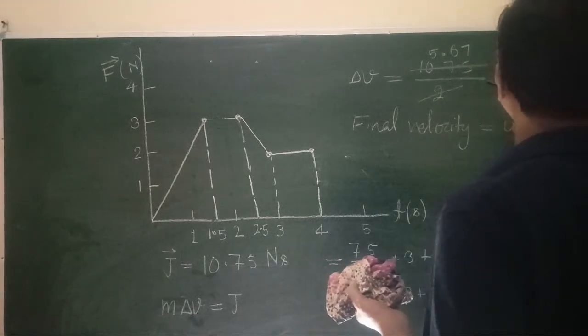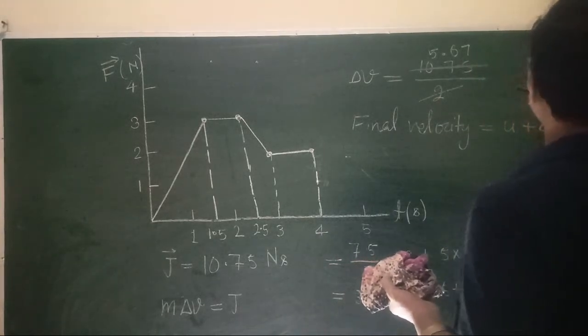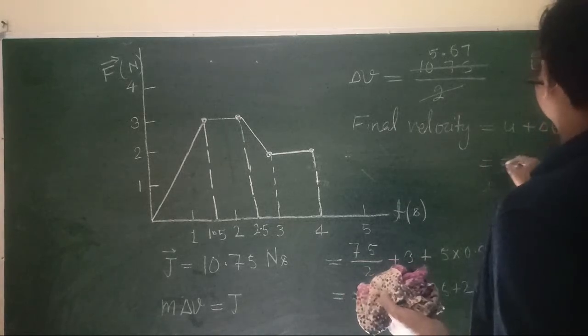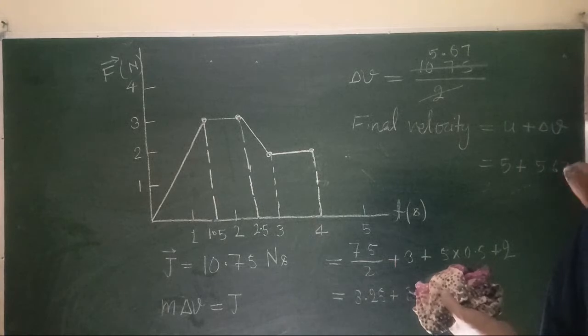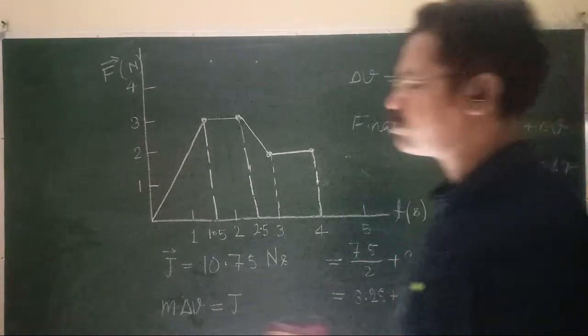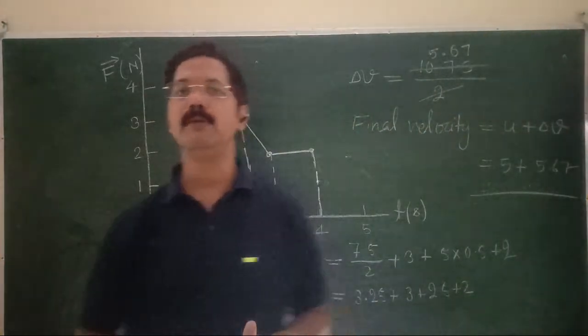U plus delta V. U is 5. There is 5.67. This is the actual value of the final velocity.